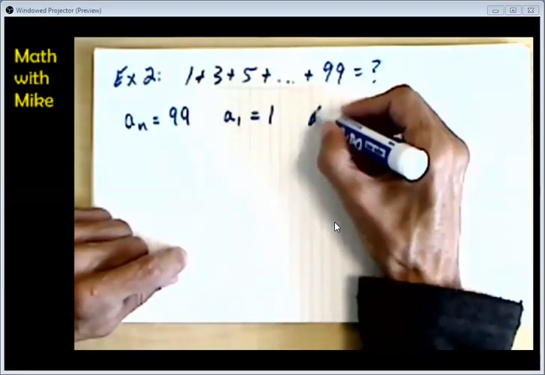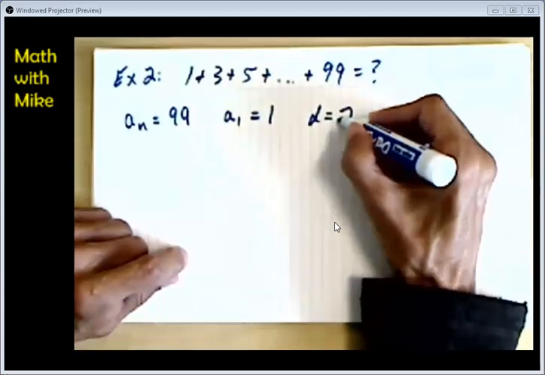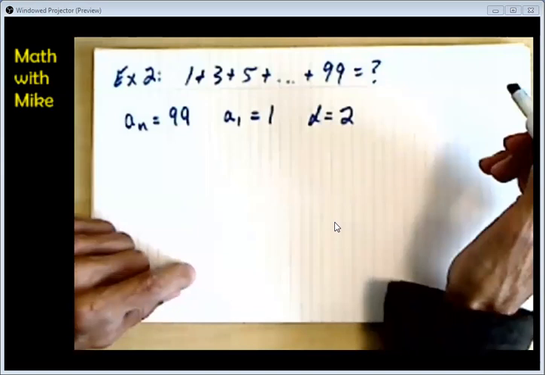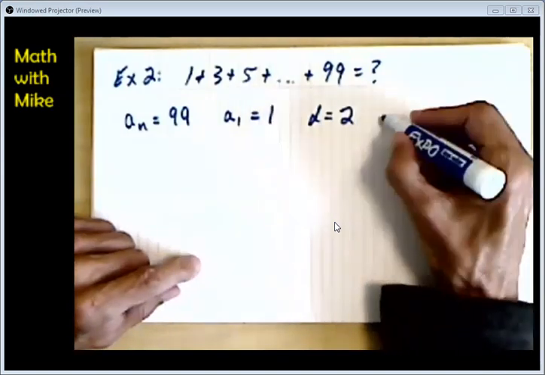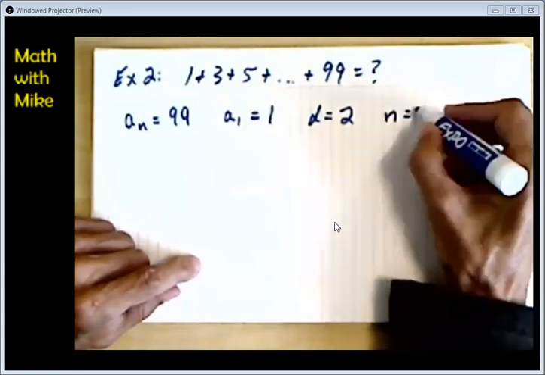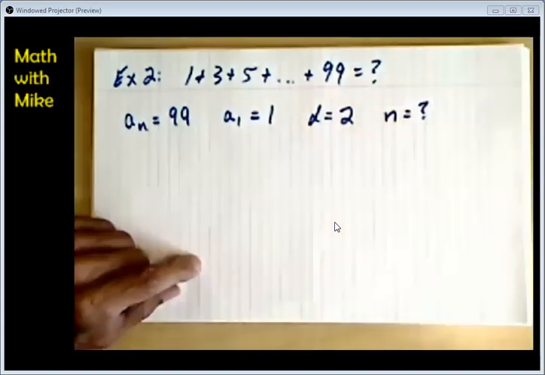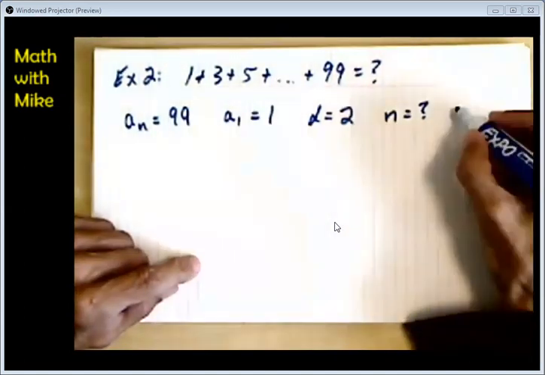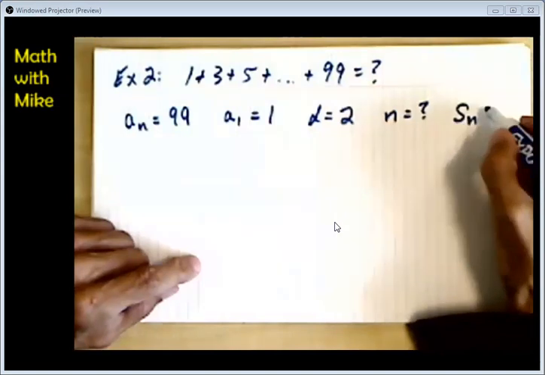D is 2, yeah, it's nice and easy to see, right? Correct, we don't know N. And what is the question actually asking us to do? Find the sum of all those, right?